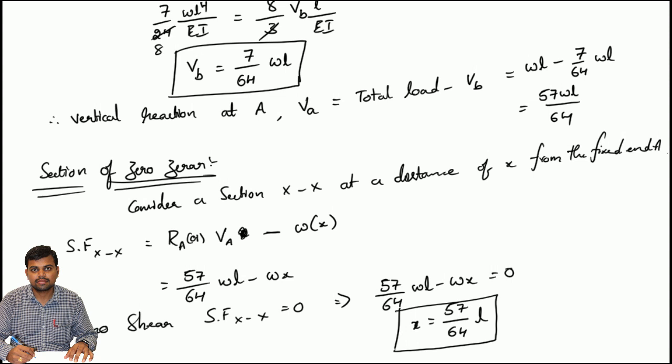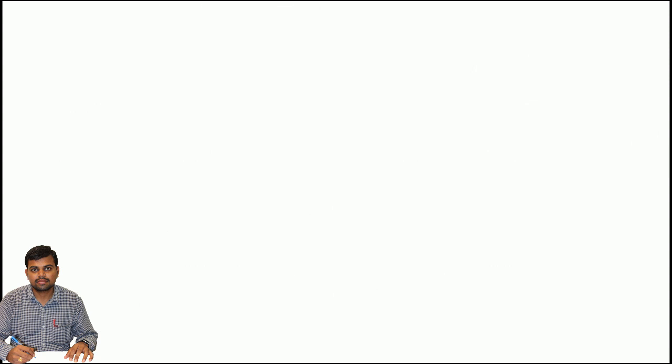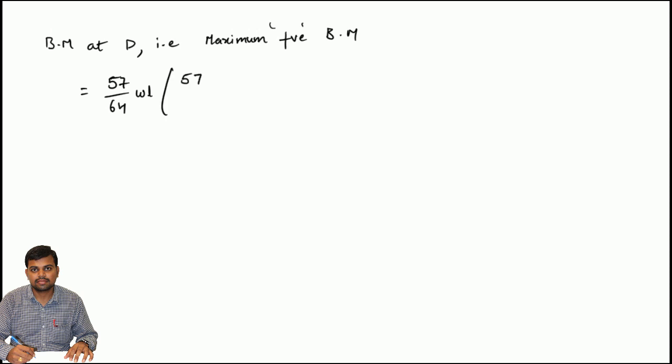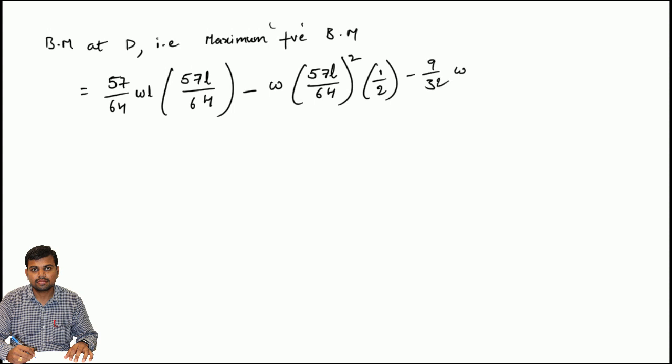Now, what I am doing is finding out the bending moment at D. So, the bending moment at D, that is the maximum positive bending moment, you will get as 57 by 64 WL into 57L by 64 minus W into 57L by 64 whole square into 1 by 2 minus 9 by 32 WL square.